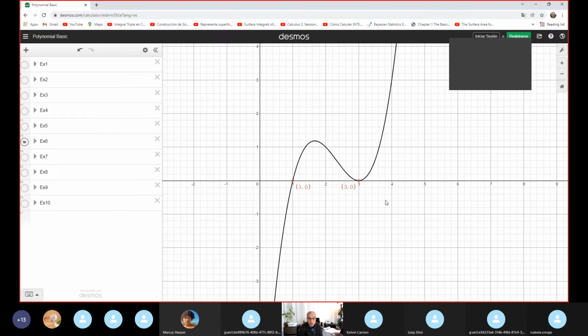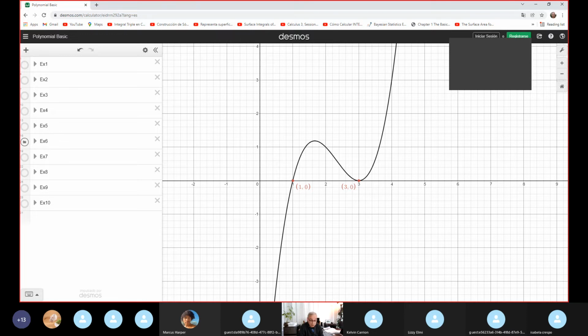And we have one more factor, x minus 3, but raised to the second power. Makes sense, right? Because the multiplicity is 2. Do you understand this idea or no? Yes.